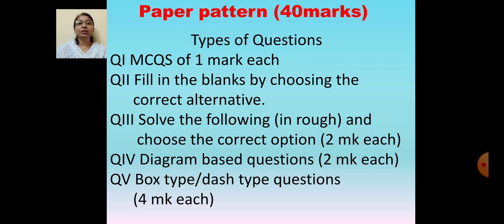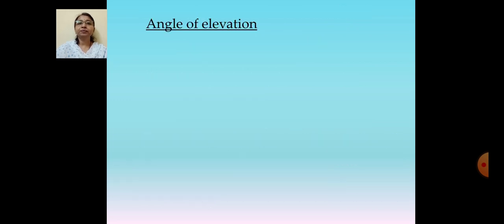So let's begin with chapter 9. Before starting, let us quickly brush up what we have seen in this particular chapter. So we have seen the angle of elevation. What is that angle of elevation? Suppose the observer A is standing here. When he looks straight, this segment AC is called the horizontal vision.